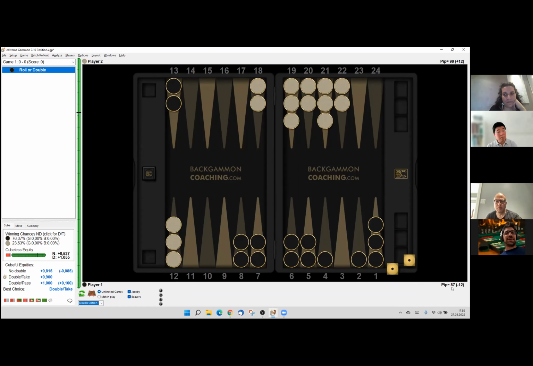Okay, so 8.7 plus 2. Formula says that last point to take is 10.7, which means 11 pips should be a pass, 10 should be a take. But this is the thing I was talking about, these wastages, and even as you can see, we are 12 pips up, but we can see it's kind of a big take.